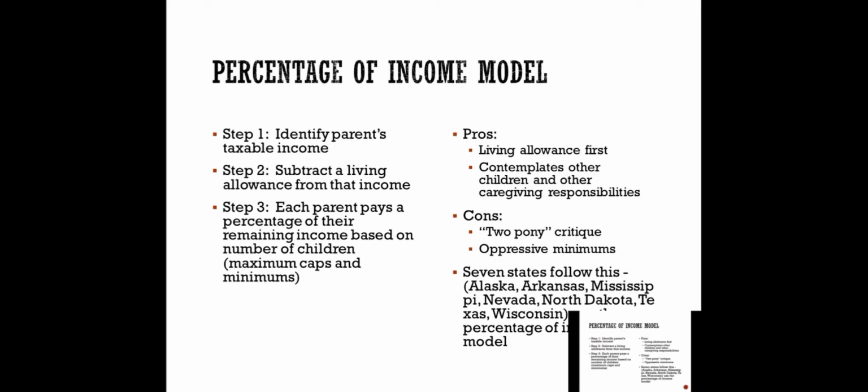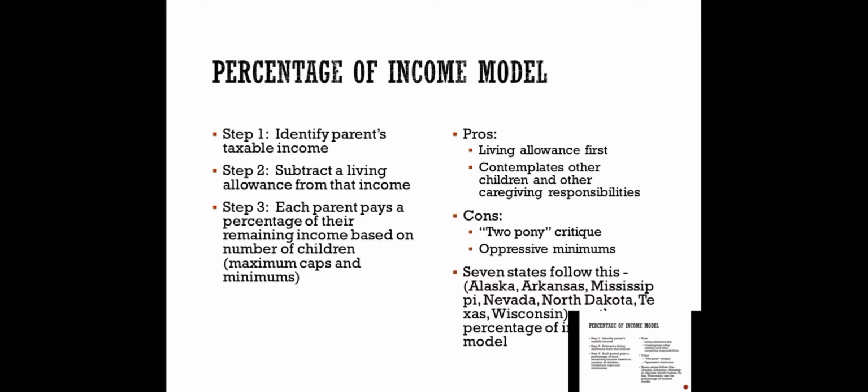And so we might get to the same result of the 70% and the 30%, but each parent gives a percentage of their income based on the number of children. So it's basically 2 calculations instead of 1. But that might matter because in our existing income shares model, for the lesser earning spouse, we haven't created a great incentive to improve that spouse's economic position, because the more the second parent makes, the more in child support he or she will pay.